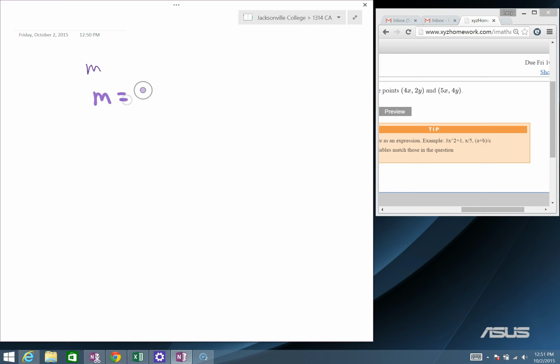Slope equals y2 minus y1 divided by x2 minus x1. In this case, our y's are 2y and 4y. Again, it doesn't matter which order I put these. I'm just going to do 4y minus 2y.